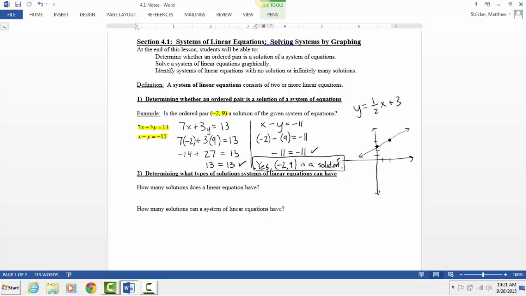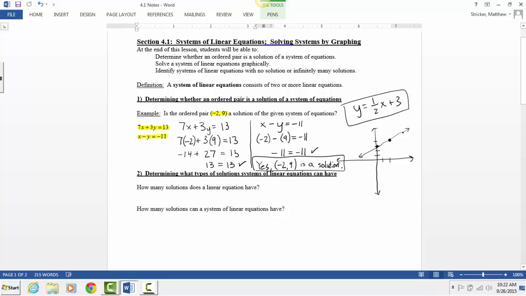Now, in general, when we have a linear equation, like that first example I gave you, its graph is a line. How many solutions does that line have, or how many solutions does that equation have? Remember, in general, any point on the line is a solution.